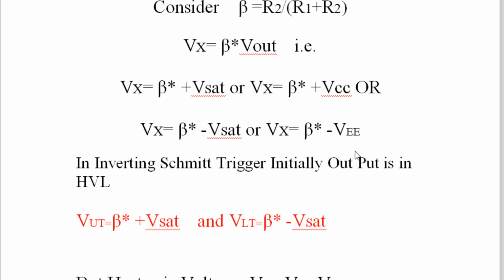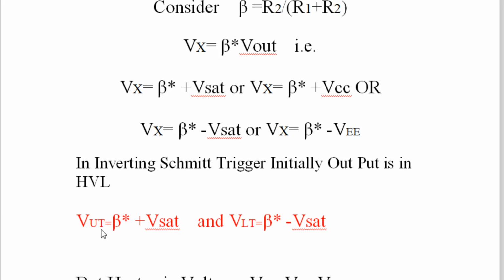So it is very simple. In the inverting Schmitt trigger, initially the output is in HVL, as I have already told you. The output is initially in the high voltage level. Therefore, VUT, the upper trigger point voltage, is equal to beta into plus Vsat.